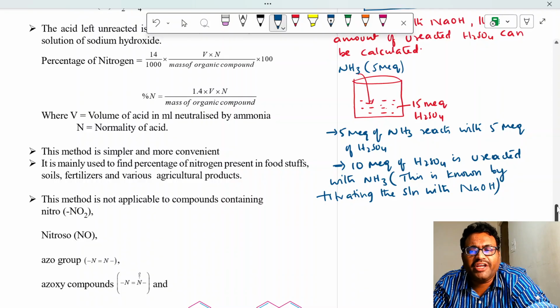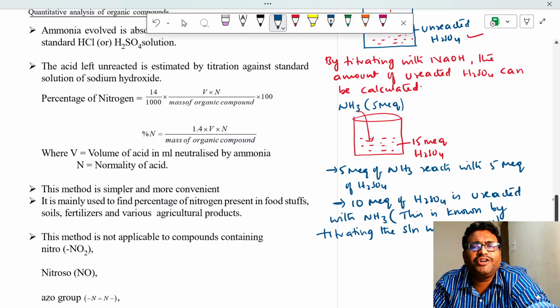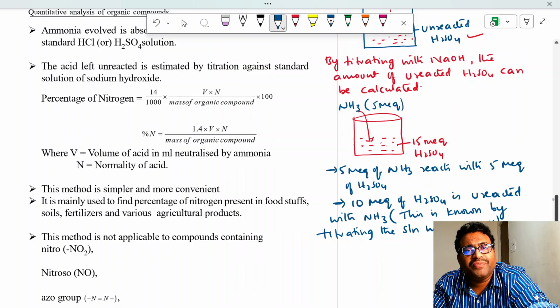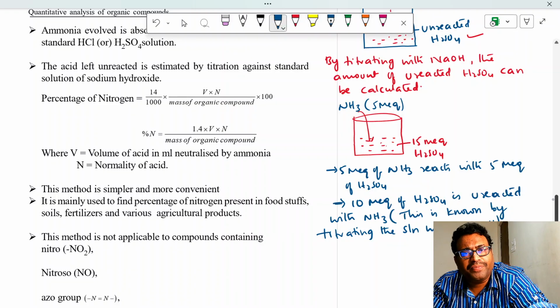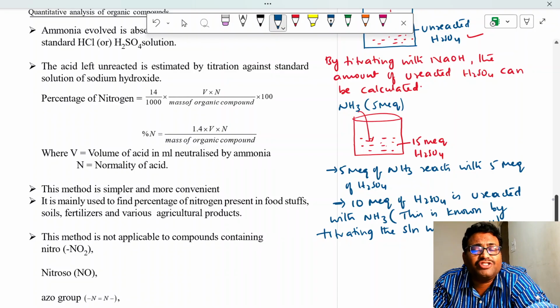In this way, we can find how much unreacted H2SO4 is present in the solution. Why do we have to find it? Because we have taken excess. We do not know how many milliequivalents of ammonia is reacting with H2SO4. To know that, we are titrating the unreacted H2SO4 with NaOH, and finding the unreacted H2SO4. If you calculate the unreacted H2SO4, we can calculate the H2SO4 reacted with NH3.